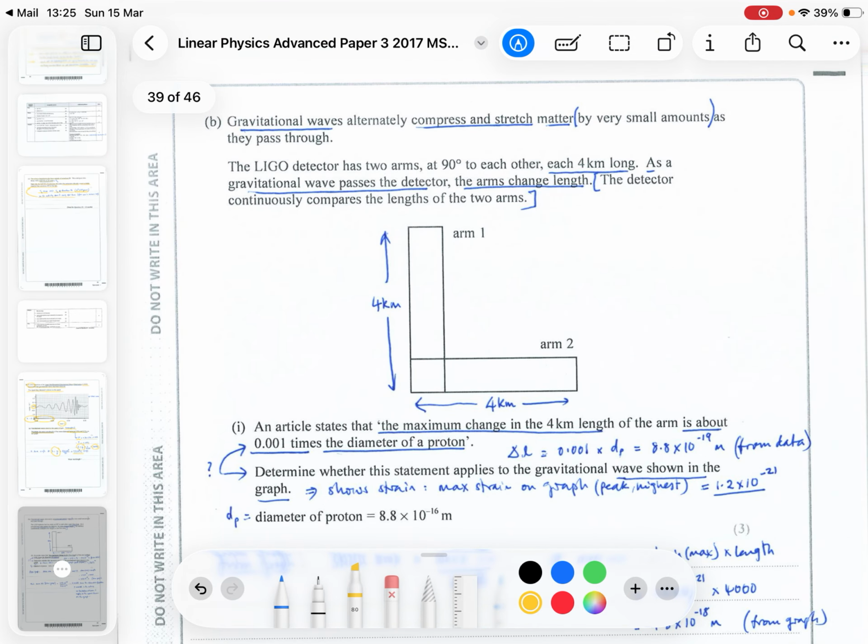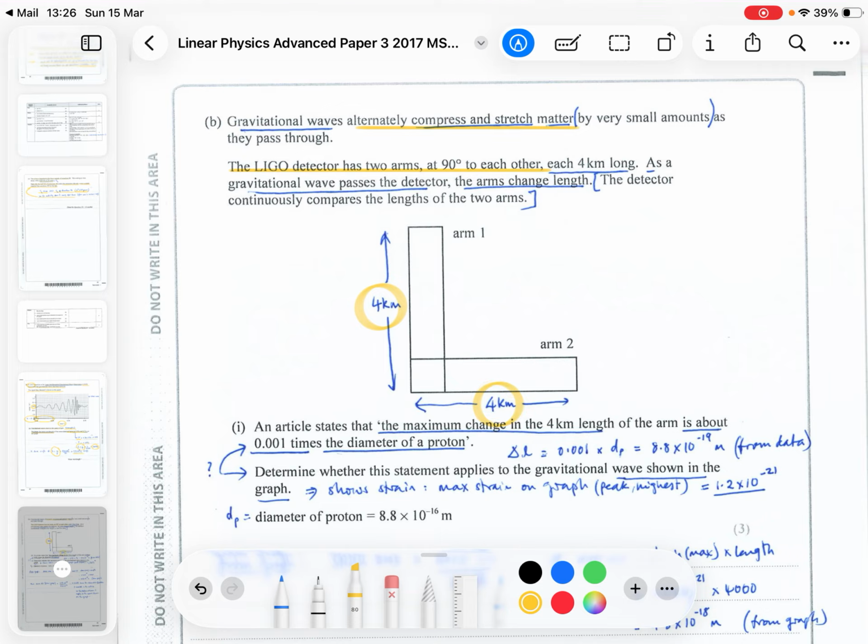The gravitational waves alternately compress and stretch the matter by small amounts as they pass through. The LIGO detector has 2 arms at 90 degrees to each other as shown. Each arm is 4 kilometers long, 4,000 meters.